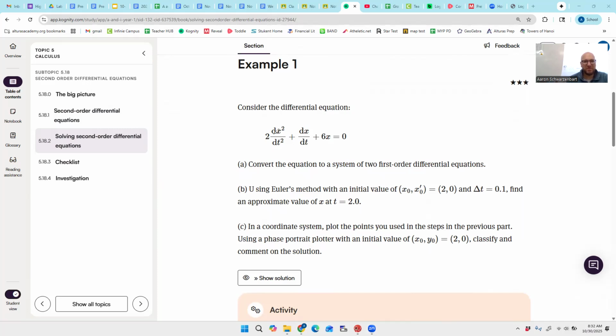So this will say dx dt equals y. So then I've got 2 y dot, because d²x dt² is then y dot, right? 2 y dot plus y plus 6x equals 0. 2 y dot equals negative 6x minus y.